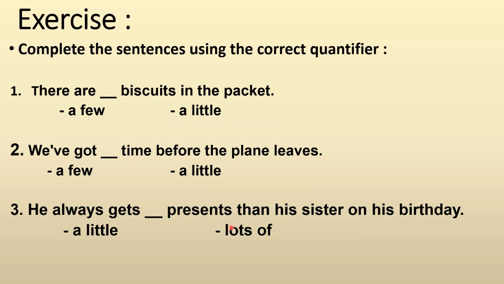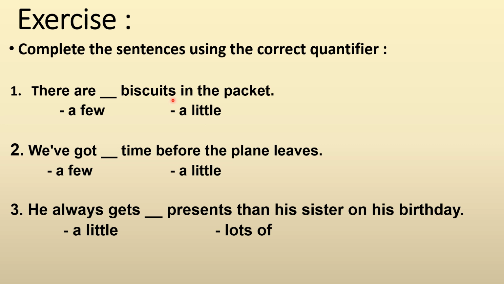Let's do this exercise about quantifiers. Complete the sentences using the correct quantifier. Let's start with number 1. There are biscuits in the packet. Let's determine the noun. Yes, خلينا نحدد الnoun: biscuits.